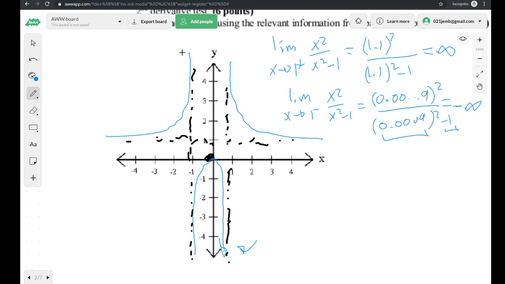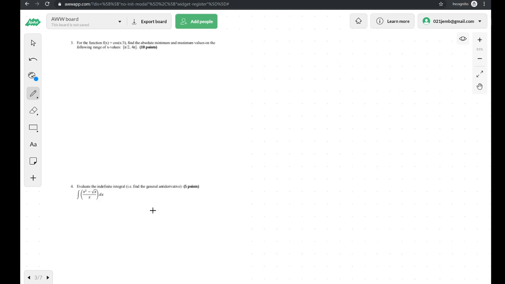Now let's move on to question 3. For question 3, we have the function f of x equals cosine of x over 3. Find the absolute minimum and maximum values on the following range of x values. The range, this is the domain, I would say, is from pi over 2 to 4 pi.